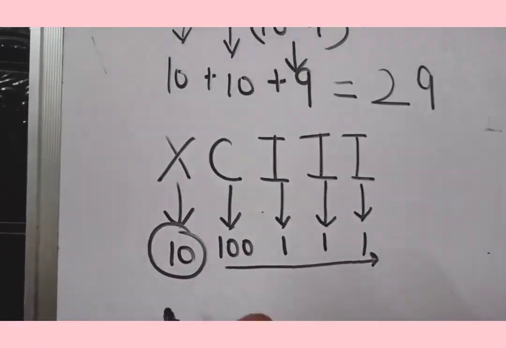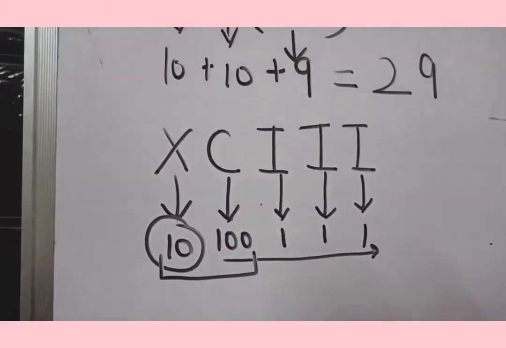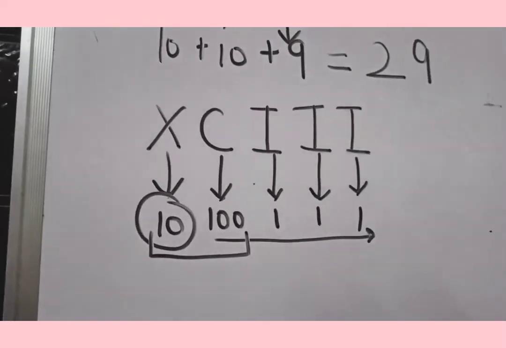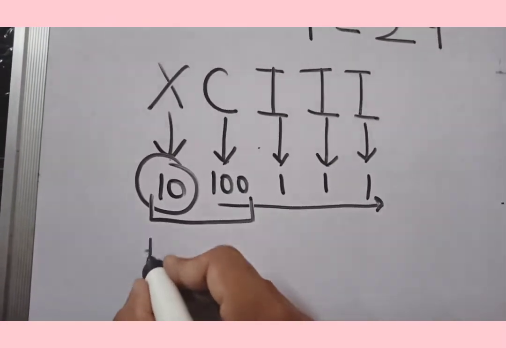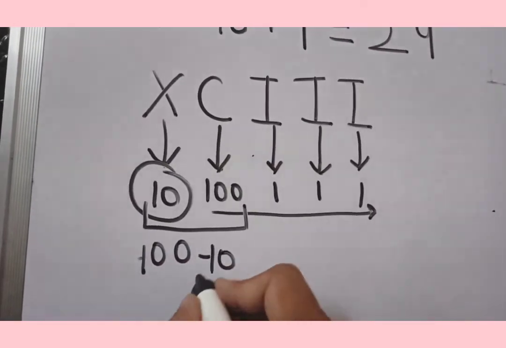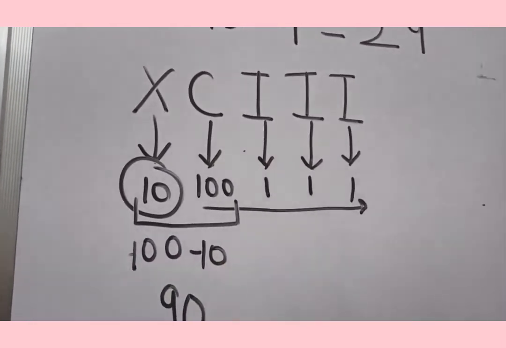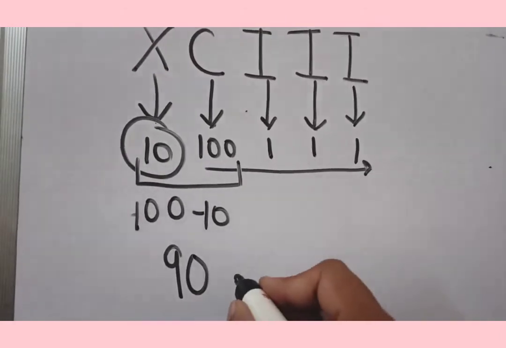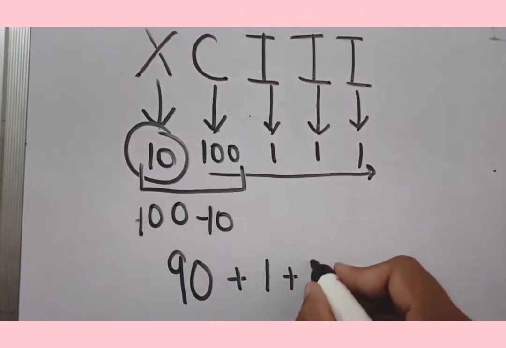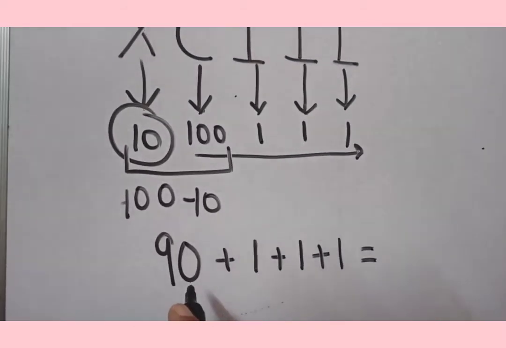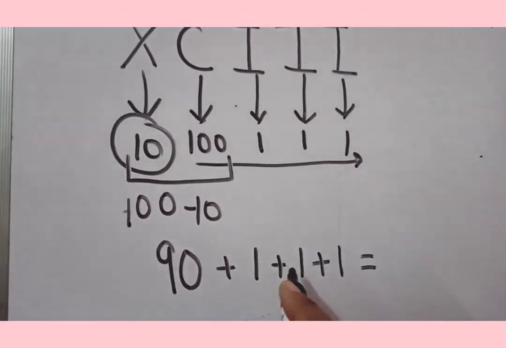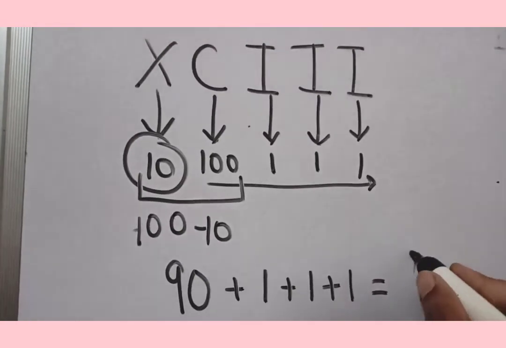So we will subtract it from the number on the right side, and if we subtract 10 from 100, we get the answer. What should the answer be? It should be 90. So 90 plus 1 plus 1 plus 1, 3 times. So the answer becomes 90, 91, 92 and 93.